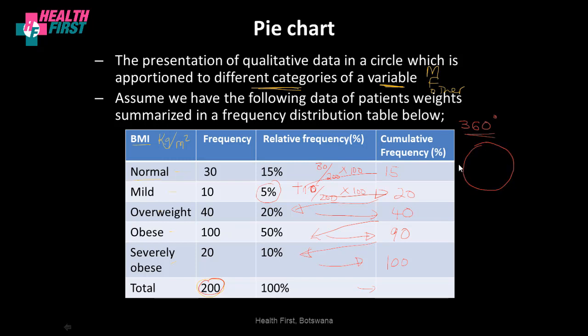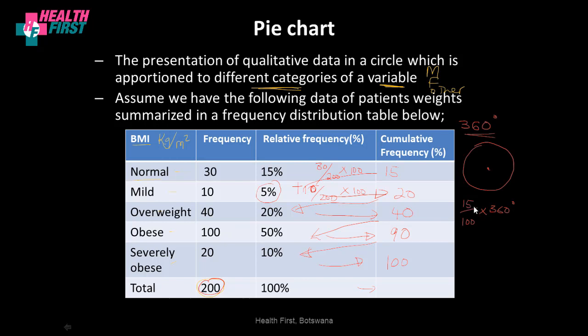In order to see what angle 15% would subtend, we would take 15% of 360. So we say 15 over 100 times 360 degrees.